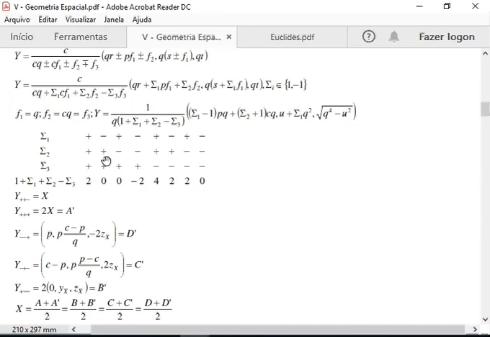From the 8 possibilities, plus plus plus to minus minus minus, we calculate 1 plus sigma 1 minus sigma 2 minus sigma 3, and 1 plus 1 plus 1 minus minus 1 is 4. 2, 0, 0, minus 2, 4, 2, 2, 0.